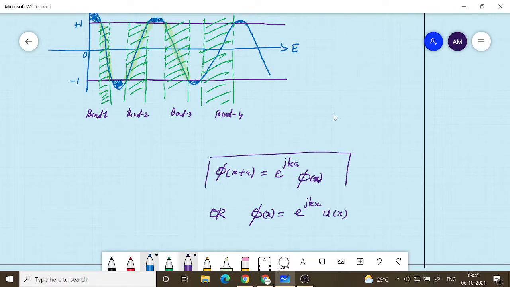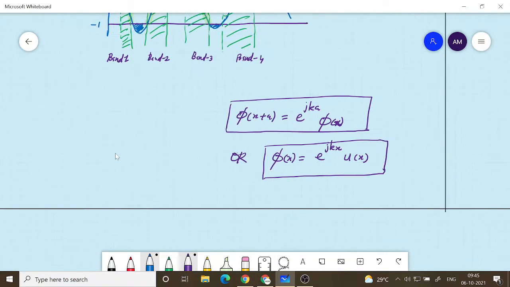Okay, it is actually saying the same thing. The wave function, the energy eigenfunction. Here phi is basically the energy eigenfunction. We are saying that it will take this particular form, that is, the energy eigenfunction will have the above form.